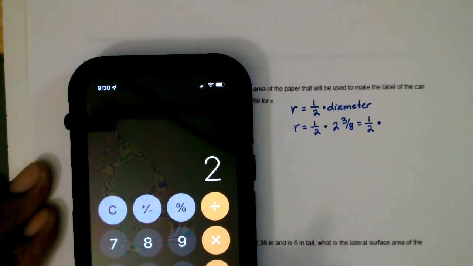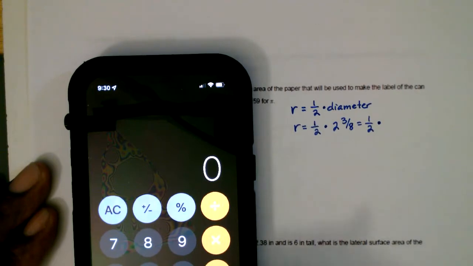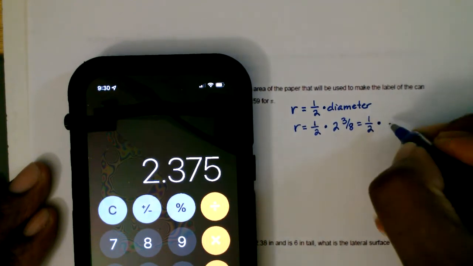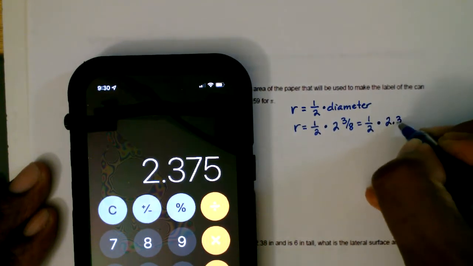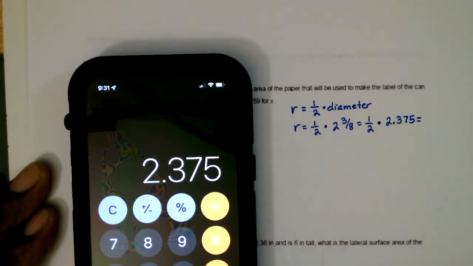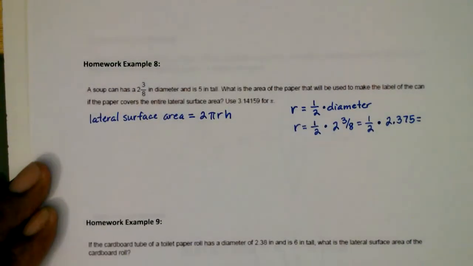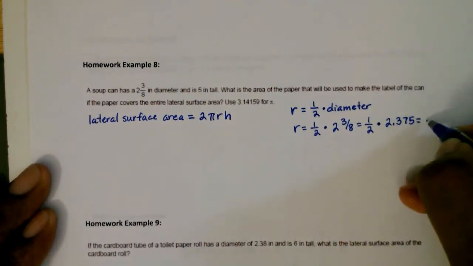I'm going to do 3 divided by 8. That'd be 0.375, and then add 2 to it. That would be 2.375. And if I take half of 2.375, that's just like dividing by 2, which would be 1.1875. So that's actually the radius here.